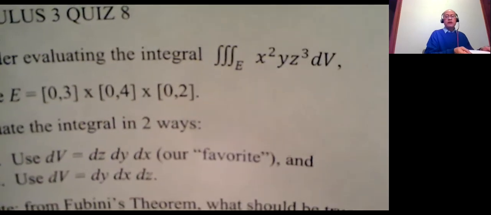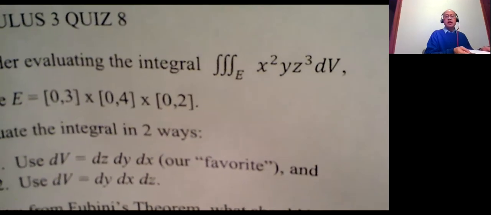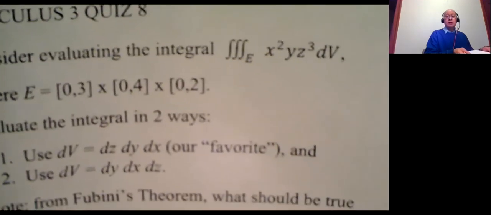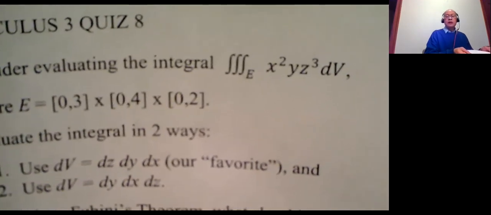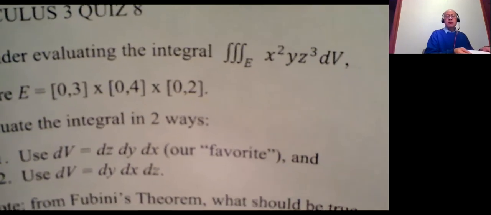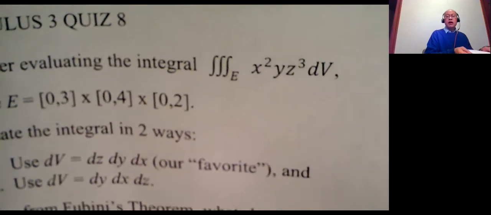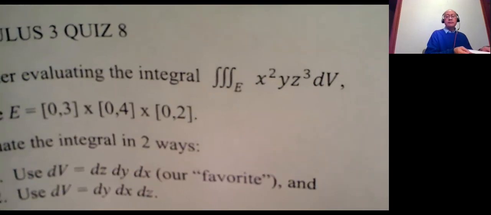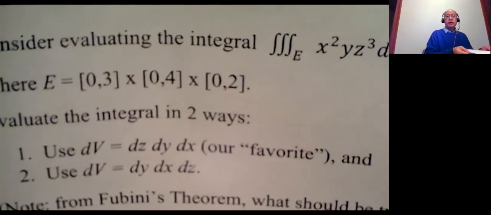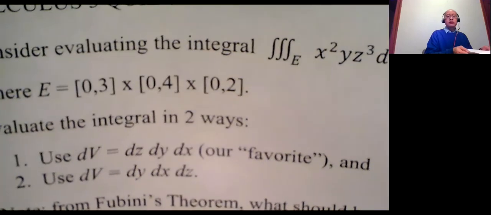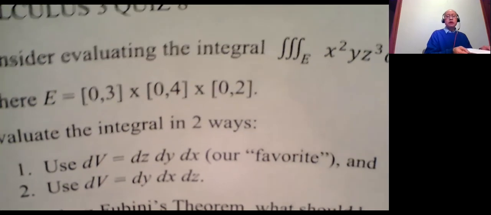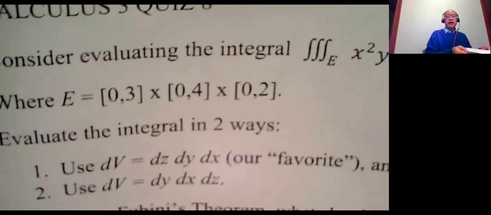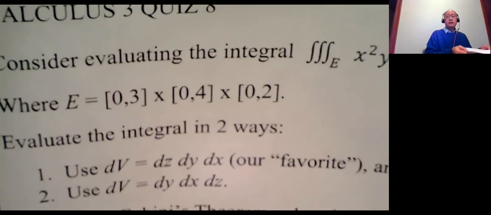Okay, triple integral over the region E of x squared y z cubed dv. You know, you might be better off just writing it instead of a screenshot or whatever. Okay, so you're doing the triple integral of x squared y z cubed dv. The region is 0, 3 cross 0, 4 cross 0, 2. You should know what that means. First one's for x, second one's for y, third one's for z.